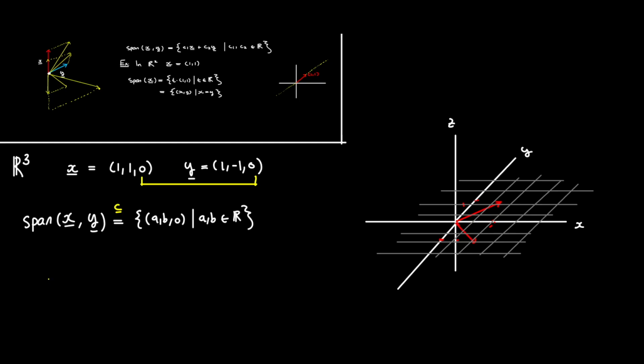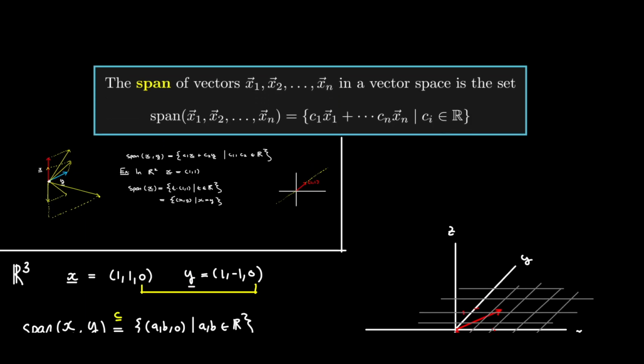Well, let's take a general vector (a, b, 0). We want to see, is this in the span of x, y? Well, this has a very specific meaning. The span is the set of all linear combinations.